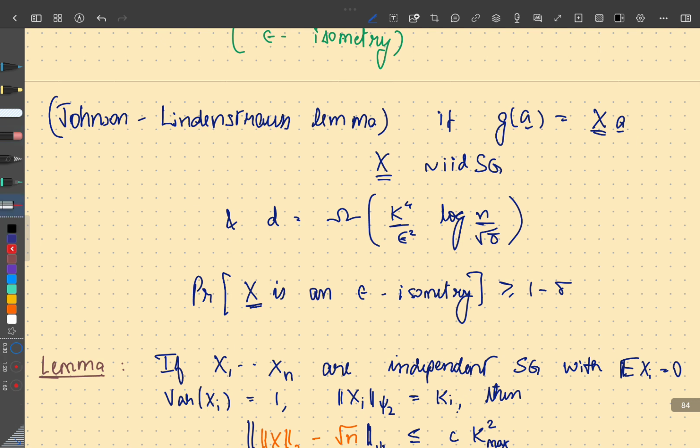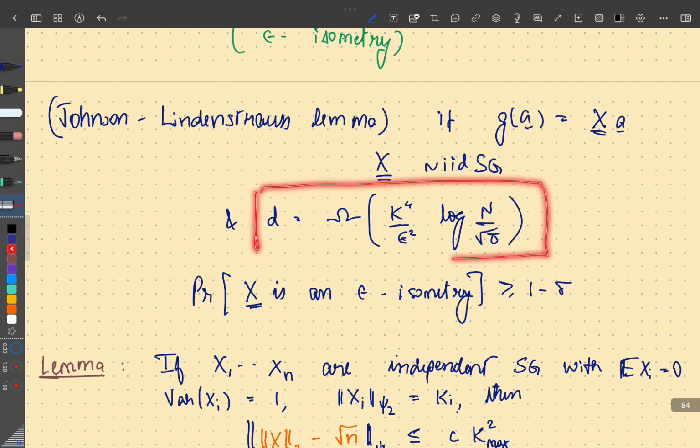Then we can choose little d to be some constant times K to the power 4, where K is the sub-Gaussian norm of each entry of X, and it depends on epsilon squared, on the number of points present in this set, capital N, and on another parameter called delta.